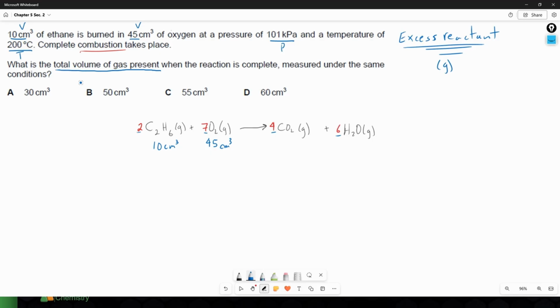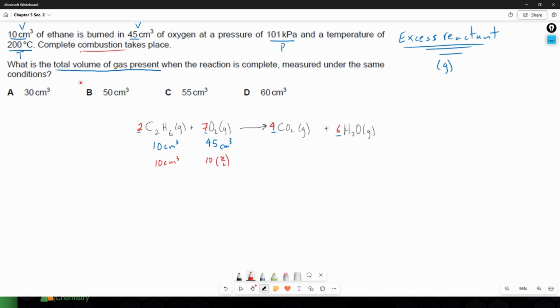So let's look at this excess reactant or limiting reactant problem here. Essentially, we can use these ratios to tell whether we have an excess reactant or not. If we have 10 cubic centimeters of ethane, according to this 2 to 7 ratio, then in order to figure out how much oxygen that will react with, I have to do 10 times 7 over 2.